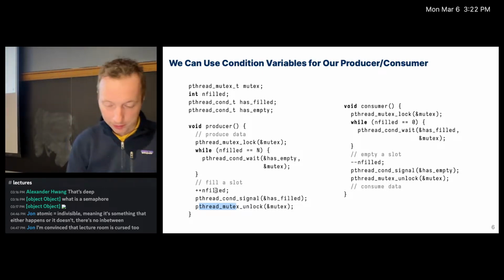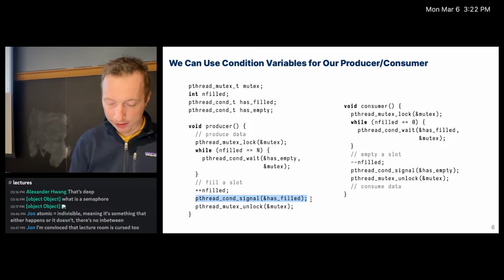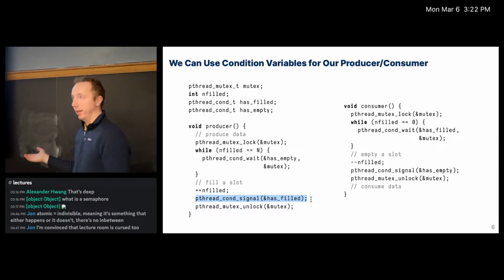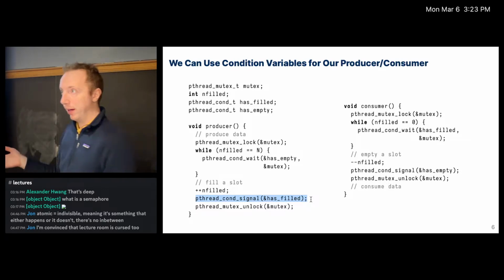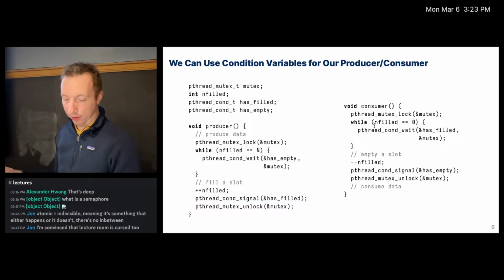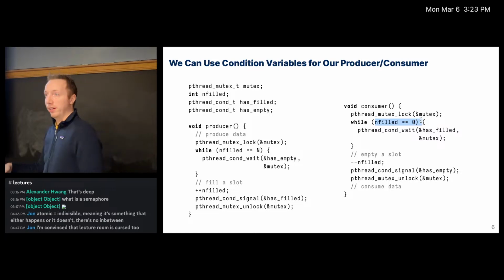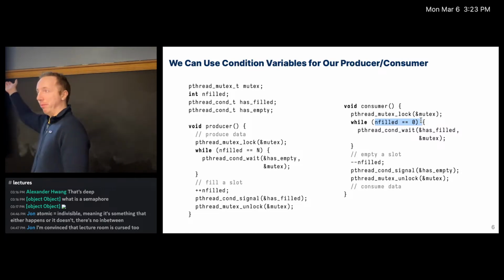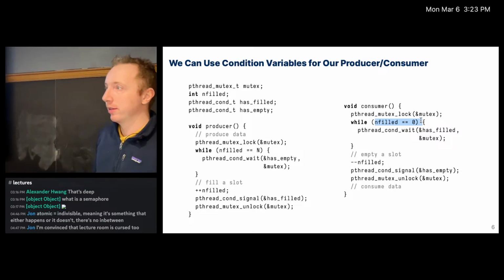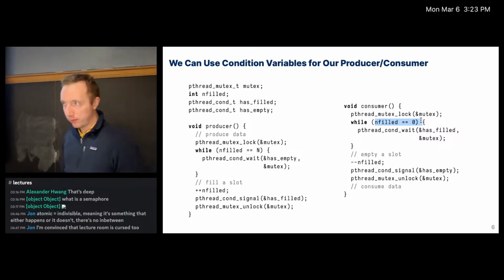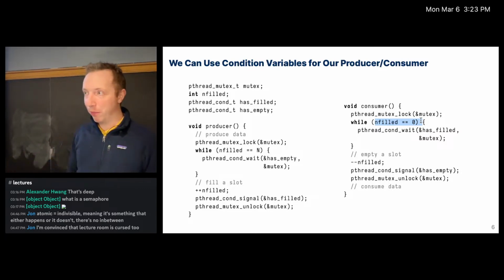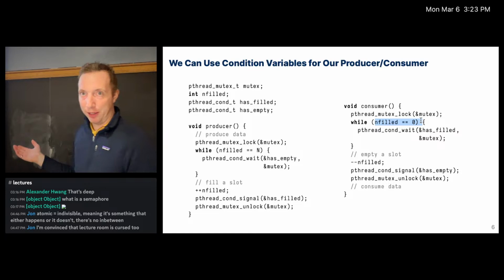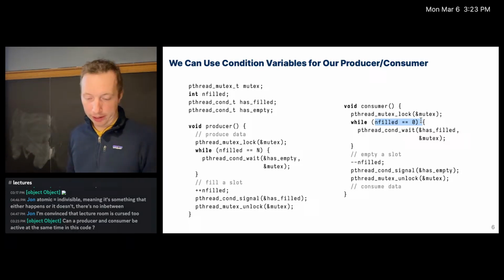So if I forgot to put the signal in, I increase the number of filled slots, and if something went to sleep because there were 0 filled slots, well, if I don't wake it up, it will never be woken up and we'll never check that the number of slots changed. So we're offloading our post-wait problem by just making sure we call signal and wait.